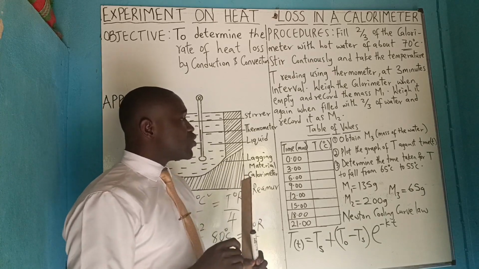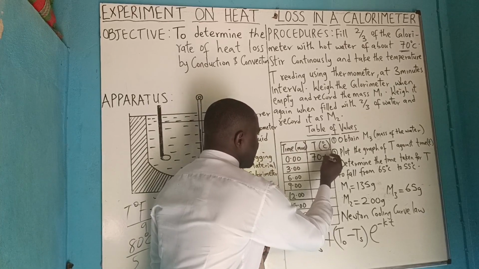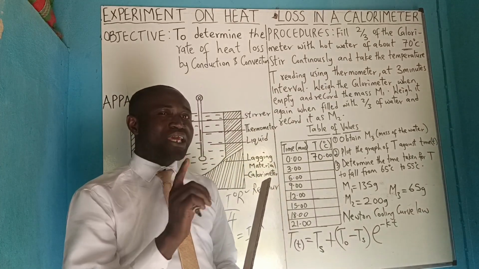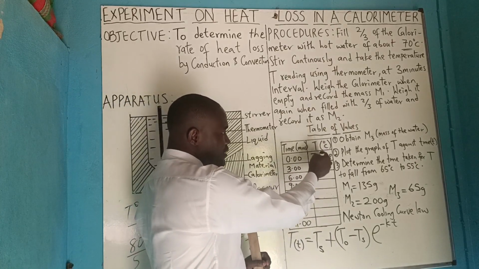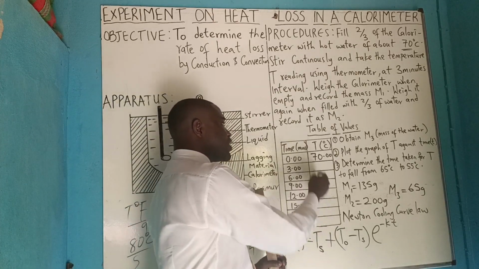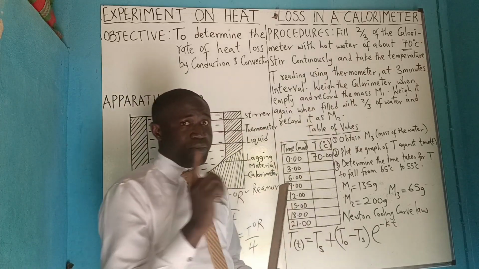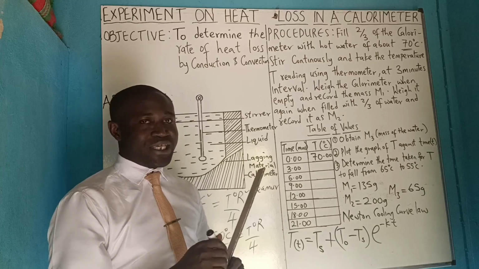What you have to do is, as I have noted, the temperature is in degrees Kelvin, that is the SI unit, but we are taking it in degrees Celsius first. You can also take your own in degrees Kelvin immediately by saying 70 plus 273.